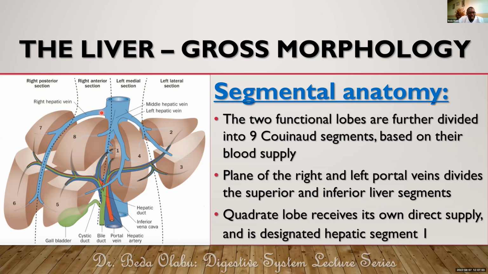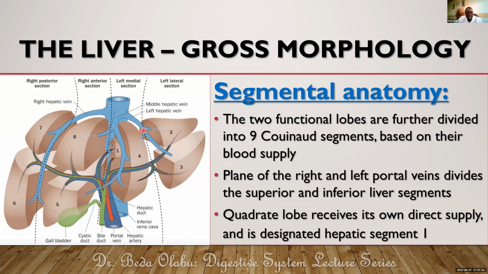Then we have the right hepatic vein, which will be on the right physiological lobe, and the left hepatic vein, which will be on the left physiological lobe. The right and the left hepatic veins further divide their corresponding physiological lobes into two portions.